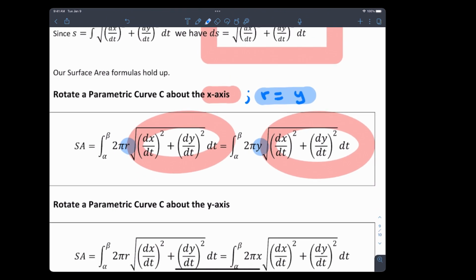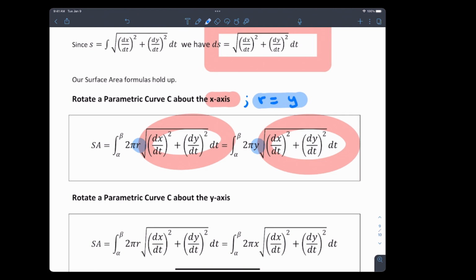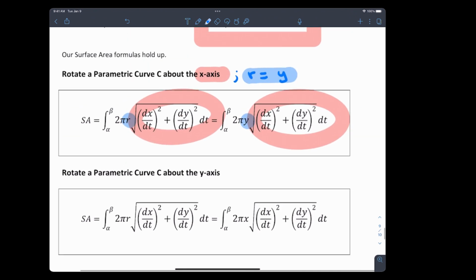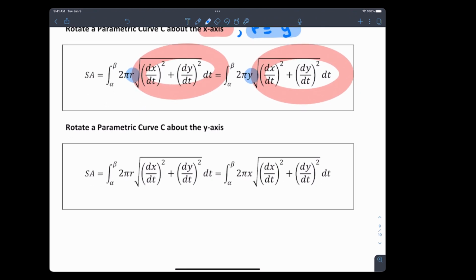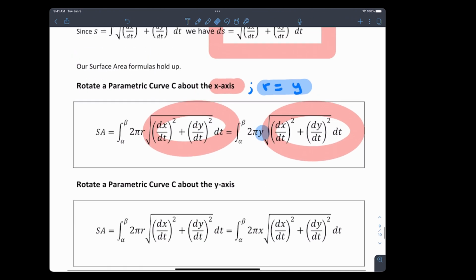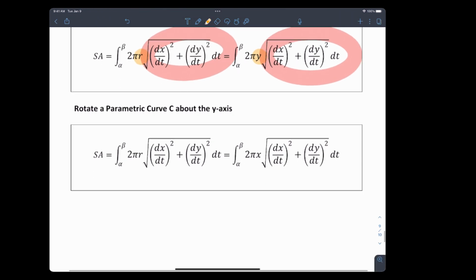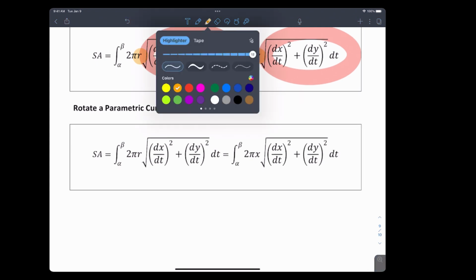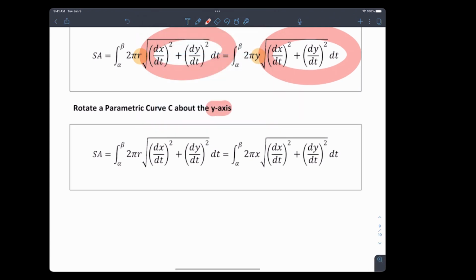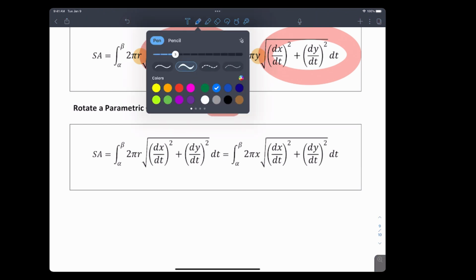You okay with that? It's kind of easy peasy. There's only one ds, not two. And what if we rotate about the y-axis? Now, what was r then?